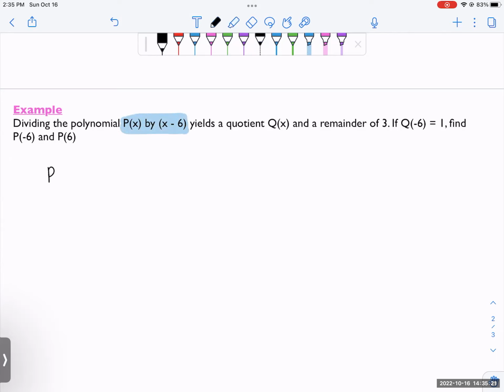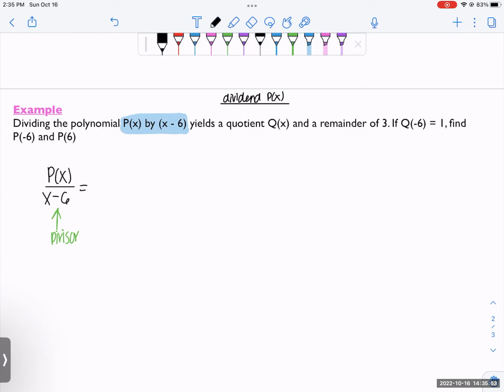Okay, if we divide a polynomial by x minus 6, this is then our divisor. And remember what the original setup was. We have a polynomial, which is our dividend. We have our dividend, which is p of x.